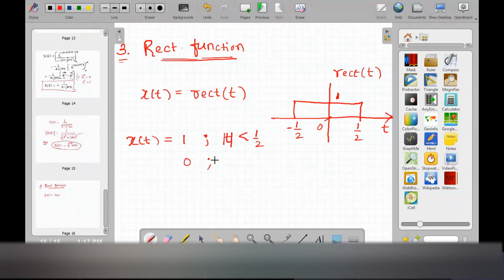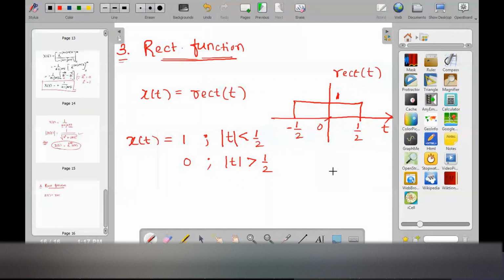Or in the rest of the place it is 0. That means when mod of t is greater than 1 by 2, above plus 1 by 2 it is 0, below minus 1 by 2 it is 0. The mod of t means the positive t as well as negative t. So let's make this clear. This is rect of t.